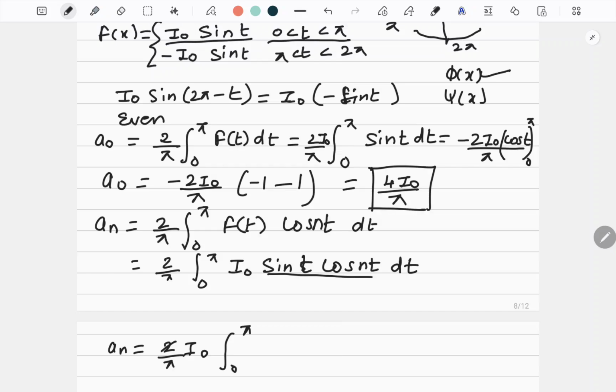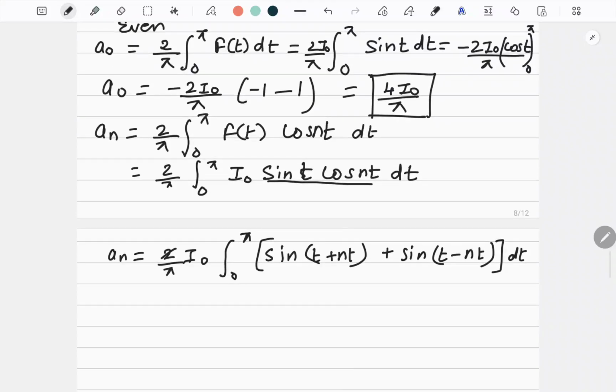Sin A cos B is sin of A plus B, meaning t plus nt, plus sin of A minus B, meaning t minus nt, dt. Now here you have to play a little smart. 1 minus n will trouble me. So I will write it as n minus 1 because I know minus 1 to the power something usually comes in this, and 1 minus n will complicate things because it will take that term in the denominator.